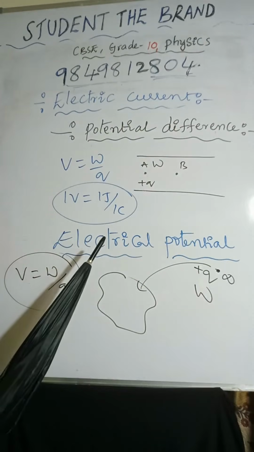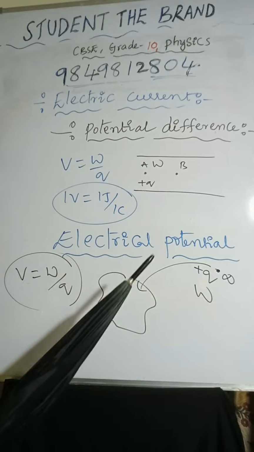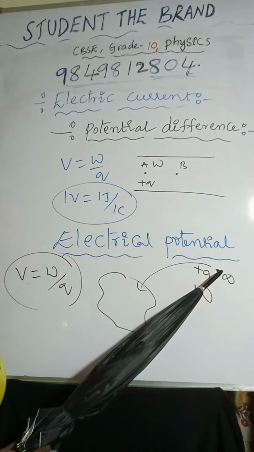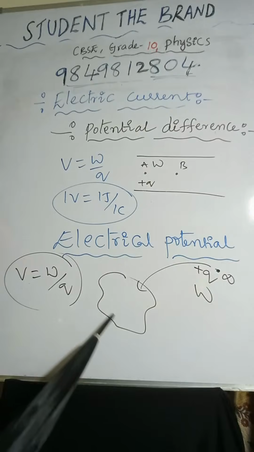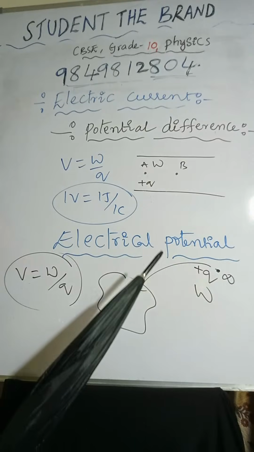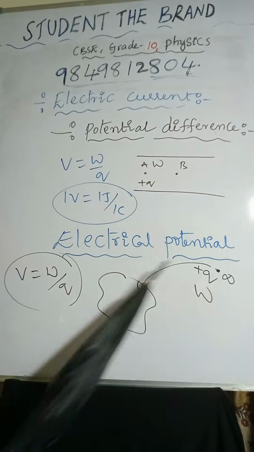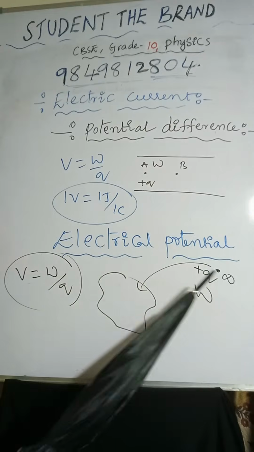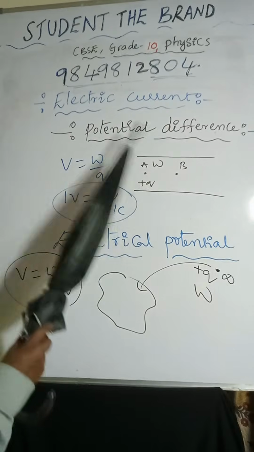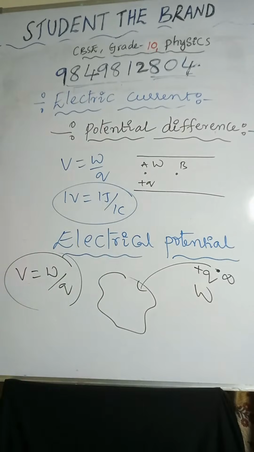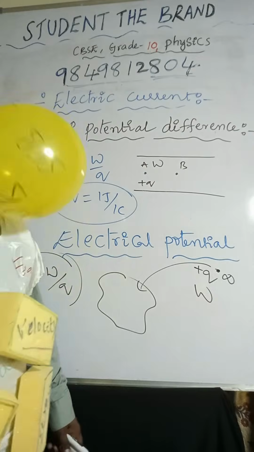Coming to electrical potential, we are doing some work to bring unit positive charge from infinity to the required field. So this is our required field. From infinity to the required field is electrical potential. From one point to another point is potential difference. Okay, is it clear?